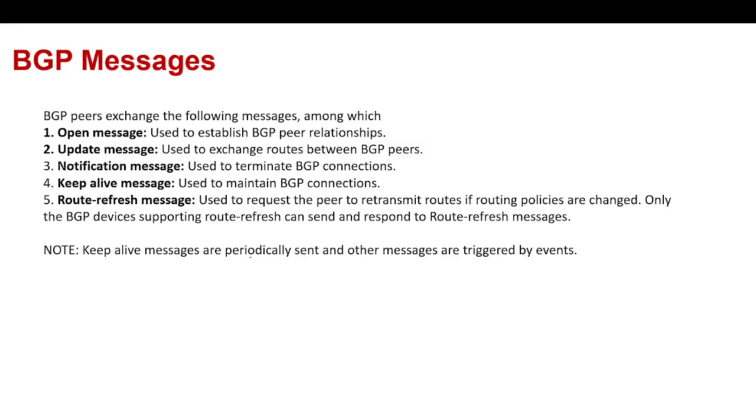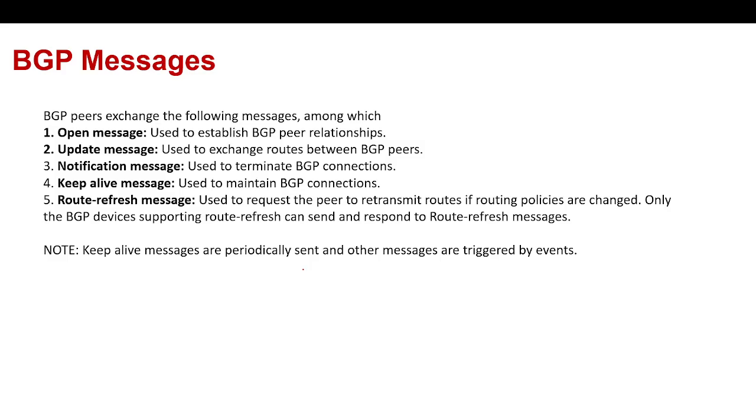When we talk about BGP messages, we have 5 different messages: open message, update message, notification message, keepalive message, and route refresh message. These are exchanged between BGP peers to ensure the exchange of routing information between the two routers. You can read later about the functionality of these BGP messages once I share the materials.